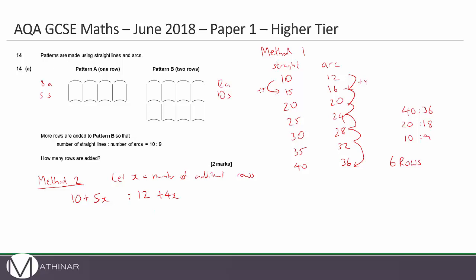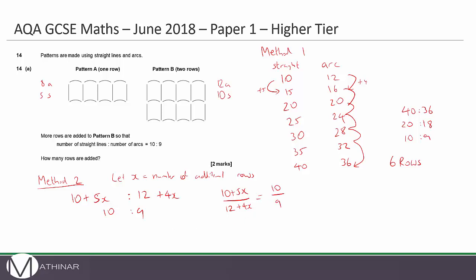Okay, and what we need is this ratio to be 10 to 9. So what we're going to do is we're going to write this as a fraction, because if this ratio is to equal this ratio, then the fraction 10 plus 5x divided by 12 plus 4x will need to equal the fraction 10 divided by 9.